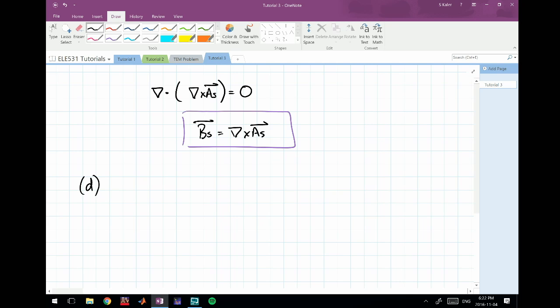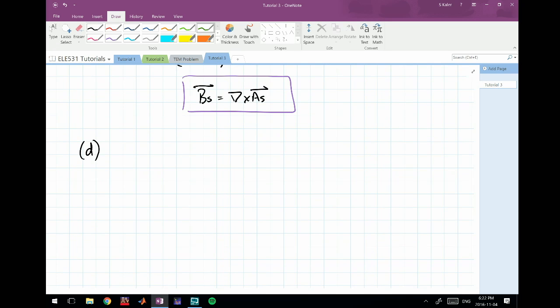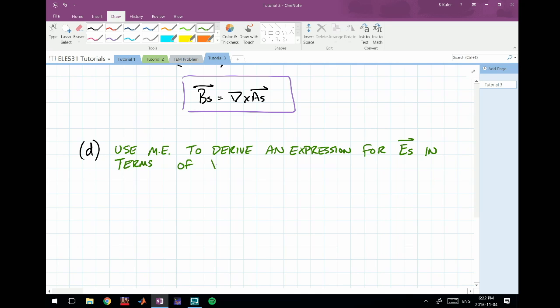I think their derivation is a little more tedious, but essentially it says, again, we want to use Maxwell's equations to derive an expression for ES in terms of V and AS. So those are the scalar and the vector potential.